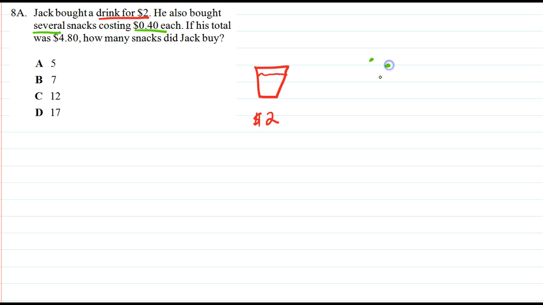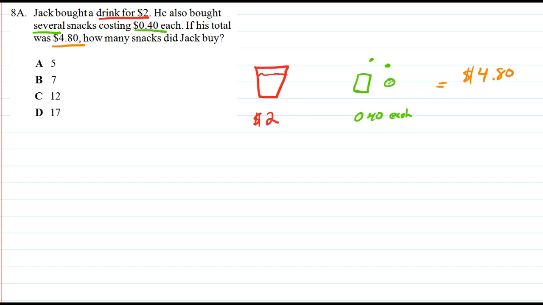So he has snacks, I don't know what he bought, maybe some chips, maybe some cookies, who knows, some type of snacks, and they cost 40 cents each. And his total was $4.80. So he spent a total of $4.80.